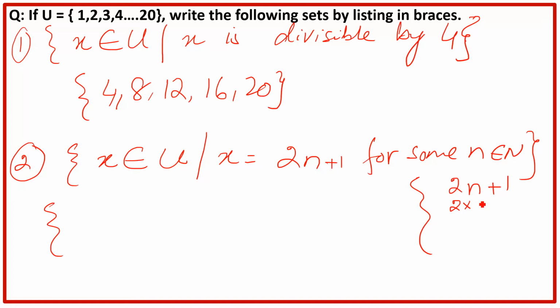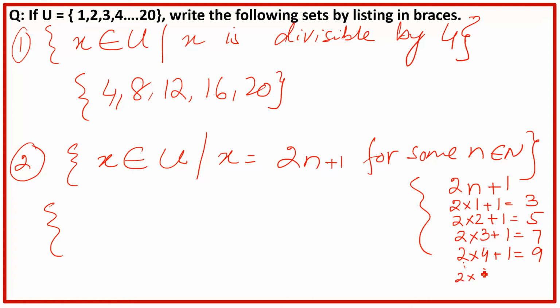Start from 1. If n is equal to 1, 2 times 1 plus 1 is equal to 3. If I put 2, 2 times 2 is 4, plus 1, which is equal to 5. If I put 3, 2 times 3 is 6, plus 1, which is equal to 7. The same thing for 4, 8 plus 1, which is equal to 9, and so on.